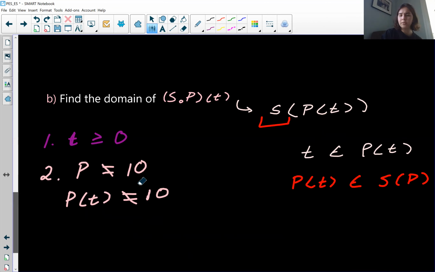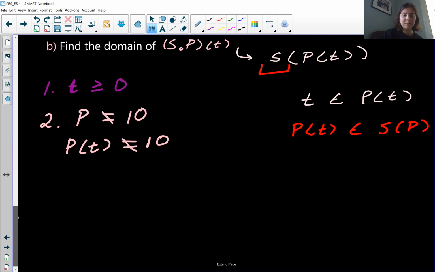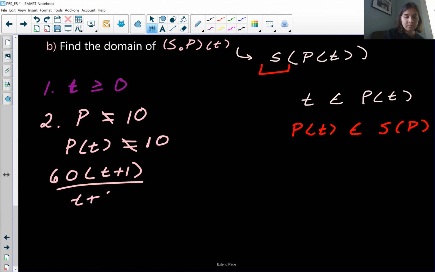It looked like everything else is doable, but that was the one restriction. So let's look at the function for P of t. You probably don't want to look at it. It's a little bit weird. So it looked like this. And we do not want that to equal 10.